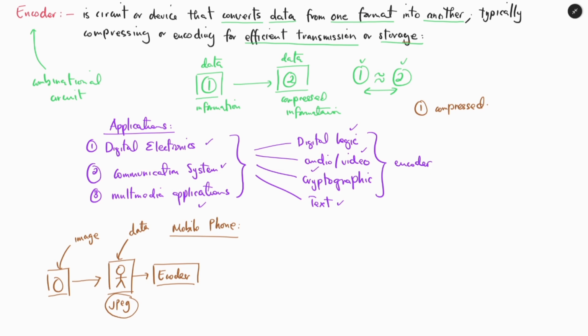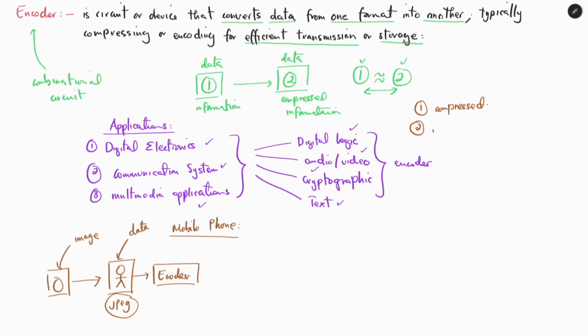Without the encoder, we cannot store the data. And when we talk about compression, we also have to know that this data is represented in a simplified format.